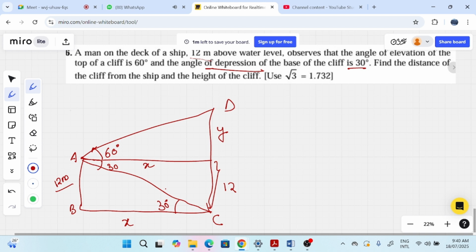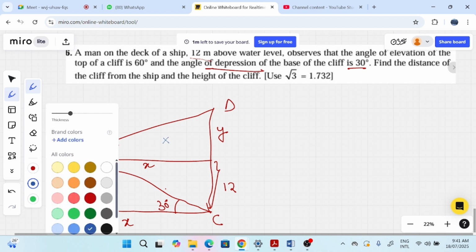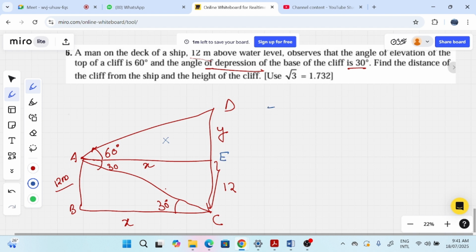Now let us start doing it. First, we will take this triangle. Let me name it as AED. In triangle AED, opposite side and adjacent side are involved, so I will take which one? Tan 60. Tan 60 is equal to y by x.